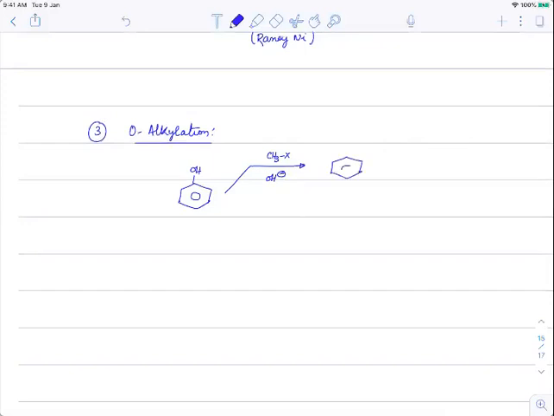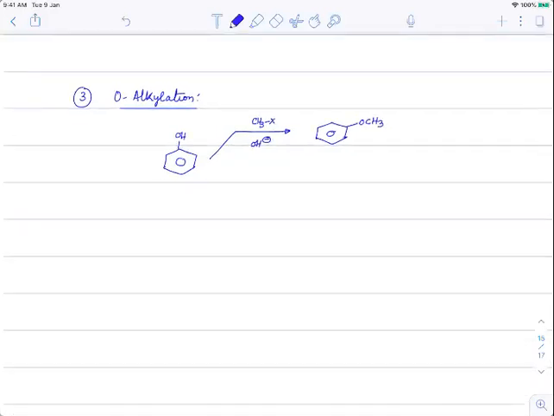We have already studied this, Williamson synthesis, ether formation. Same way, if you do the reaction with CH2N2, we have studied this too, preparation of anisole. O minus will attack, and you will get OCH3.